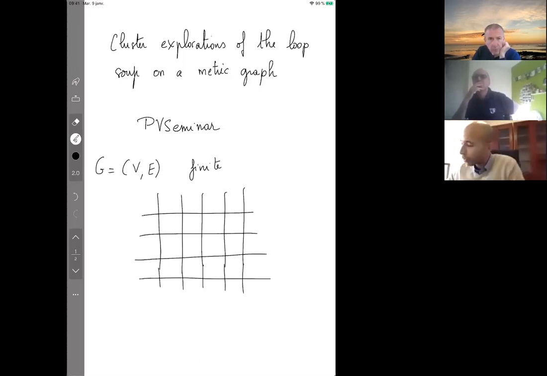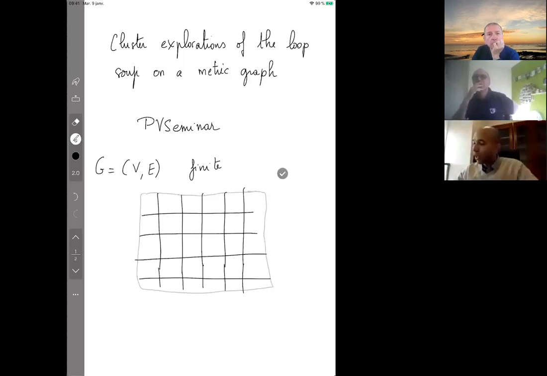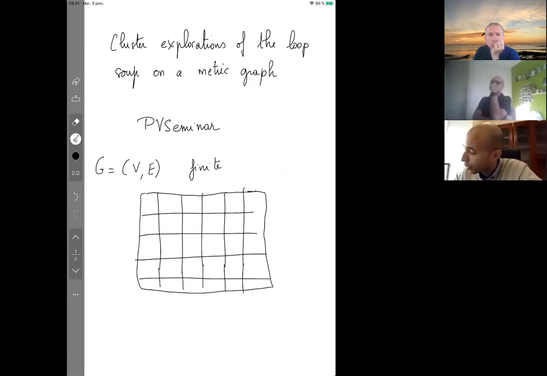Okay, so I have a graph, let's say I take a box, with a finite number of vertices and a finite number of edges. And instead of looking at the graph just as a set of vertices with edges, I want to look at it as a metric graph.